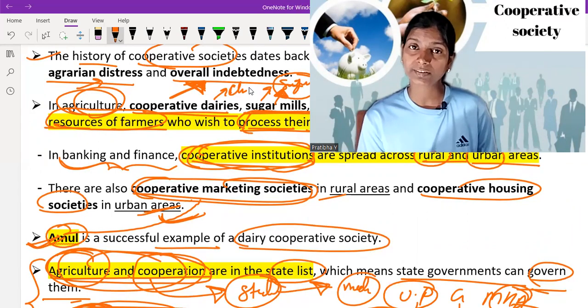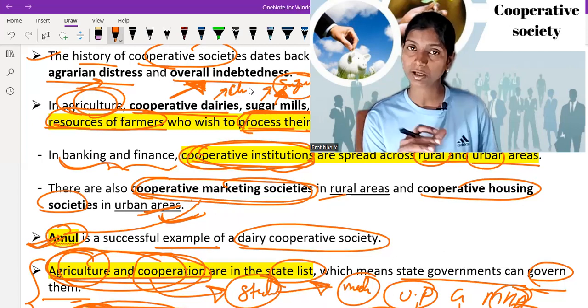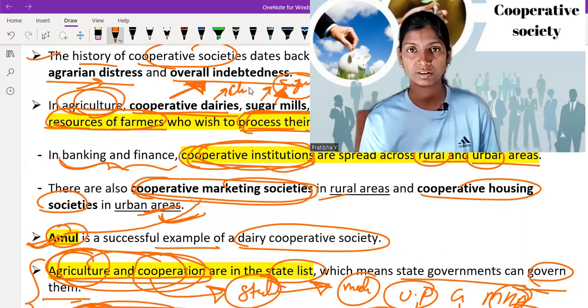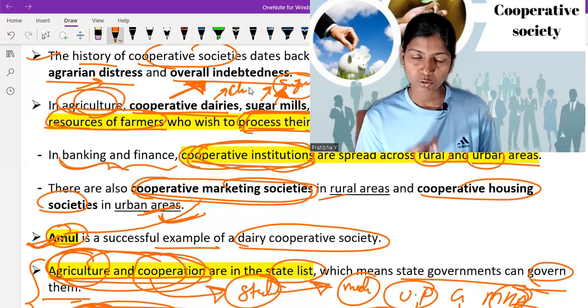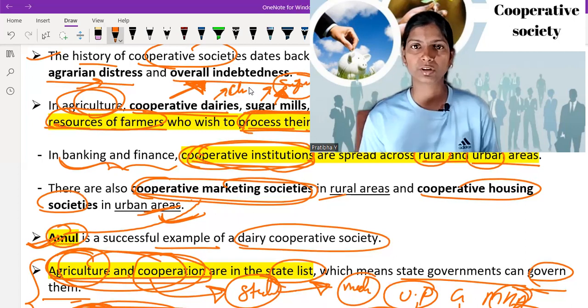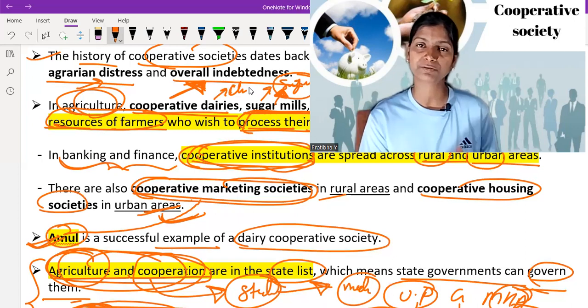Cooperative marketing organizations are situated in rural areas, and cooperative housing societies in urban areas, which help cooperative members boost their businesses. In banking and finance, cooperative institutions are spread across rural as well as urban areas, also helping members boost their businesses.